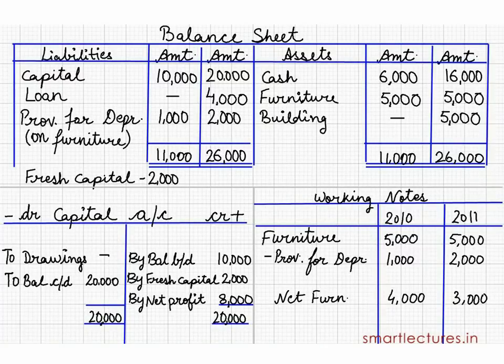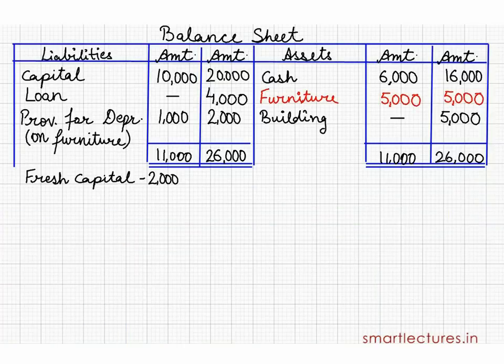These are the presentations of the furniture and provision for depreciation on furniture. Furniture was 5,000, and still it's 5,000. It means no furniture was purchased and none was sold. But the provision for depreciation was 1,000 last year and now it is 2,000, a jump of rupees 1,000.